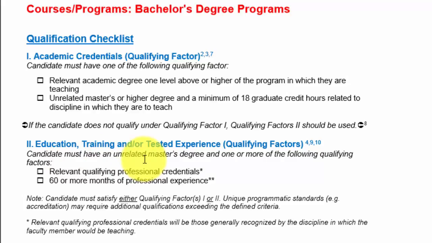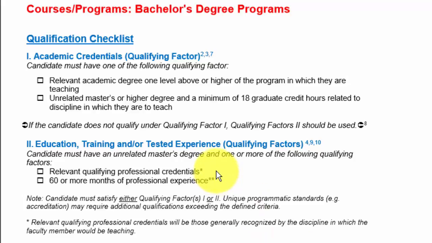In this category, we cannot have a situation where someone who has maybe just a certificate is teaching. It is mandatory that the candidate must have an unrelated master's degree and one or more of the following qualifying factors.